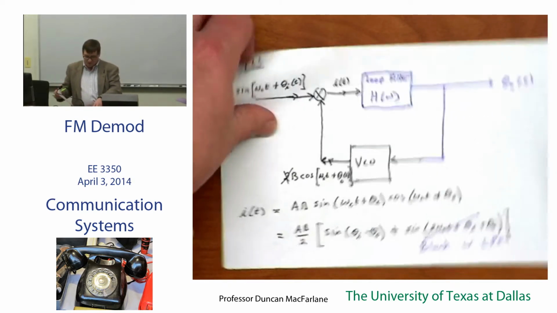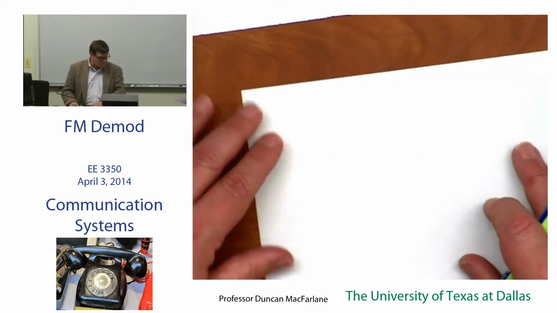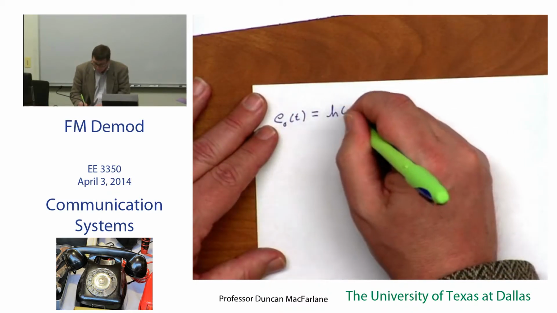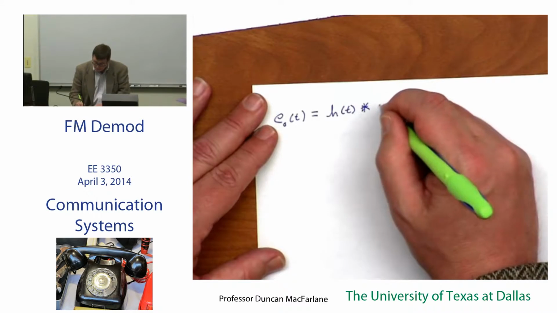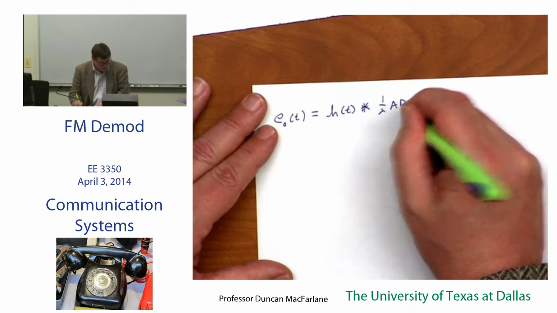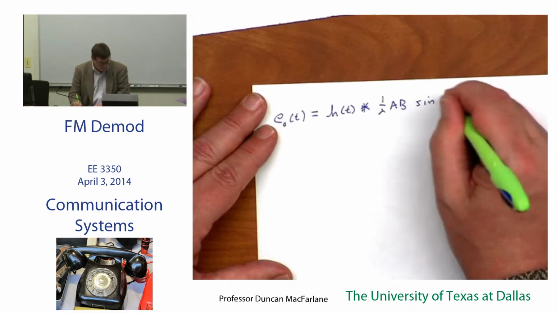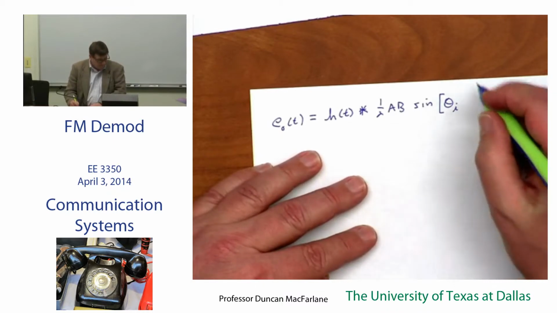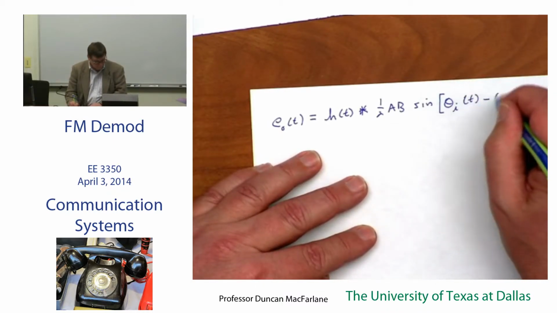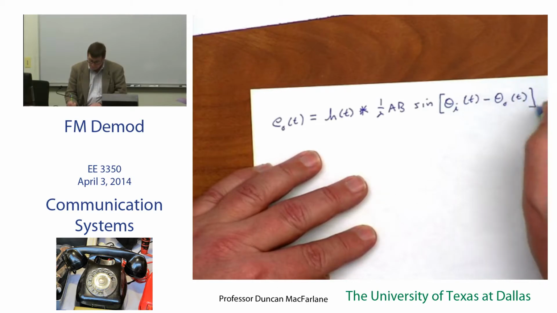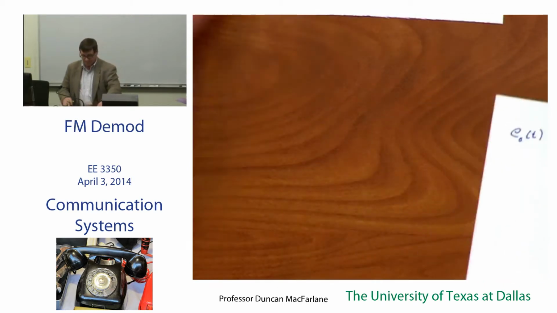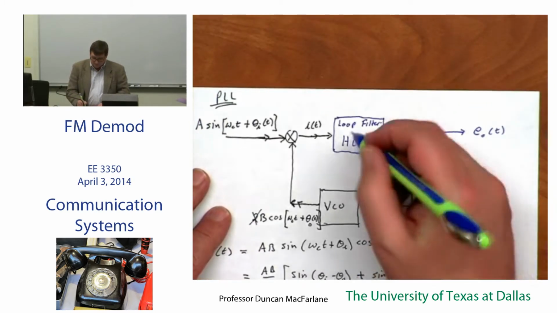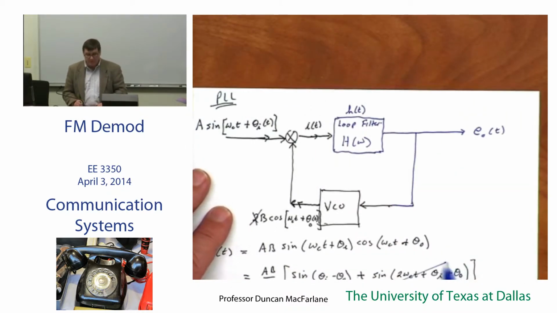is to show that E out is enough. And so E output of t here is, okay, I'll write this as h of t in the time domain.